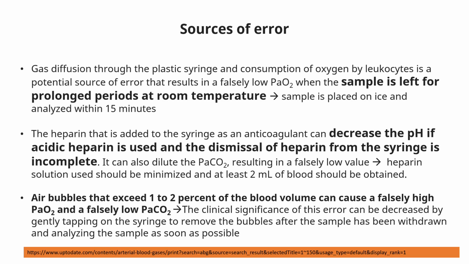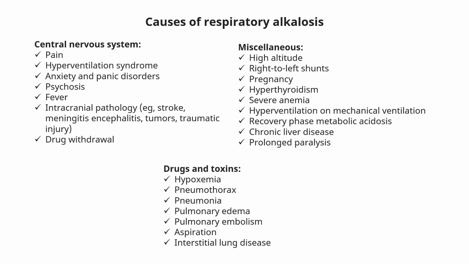You have the heparin that can decrease the pH if acidic heparin is used, with this altered dilution of heparin from the syringe. You have air bubbles. So just read this one, because I know that by pausing this and reading the text, you can get more knowledge retention.